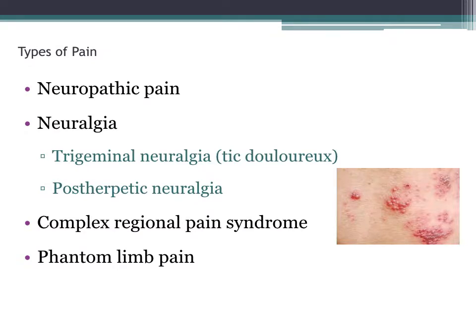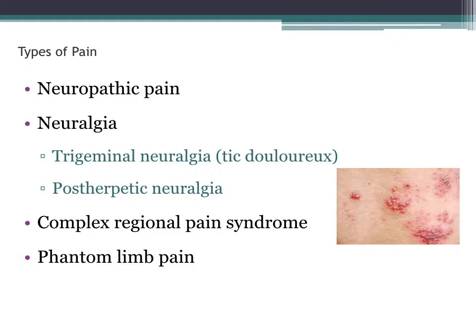So now we're going to talk about some types of pain, specifically more of the neuropathic types of pain. Neuropathic pain is described as pain that comes from pathology of the nervous system, and neuralgia is one form of that.